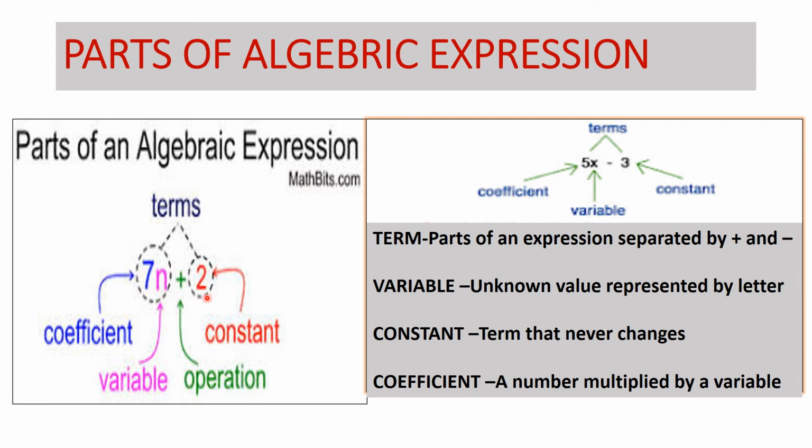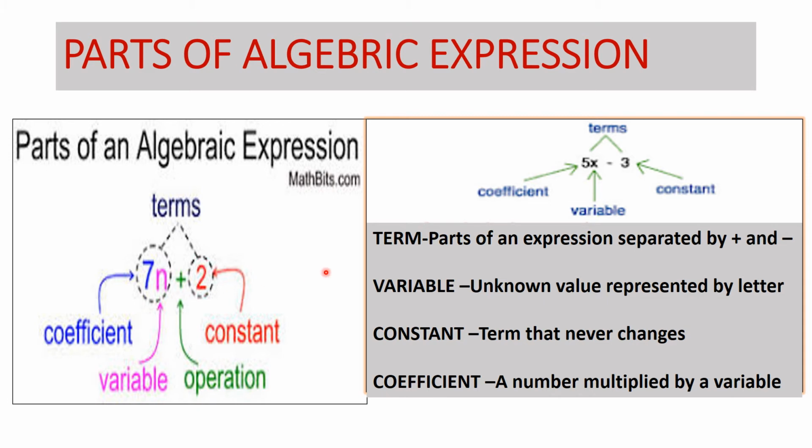There are two terms in this expression, and the value which is represented by a letter is a variable. This is an operation, the plus sign, and this is a constant which cannot change. 2 will remain as it is, 2. This is the constant, and the number multiplied with the variable is the coefficient.